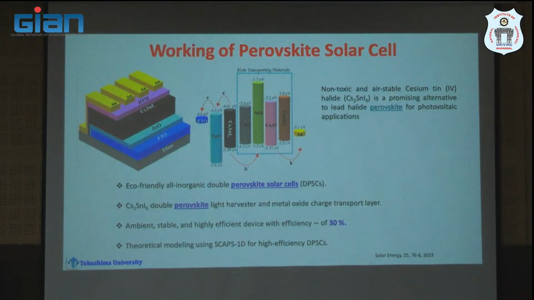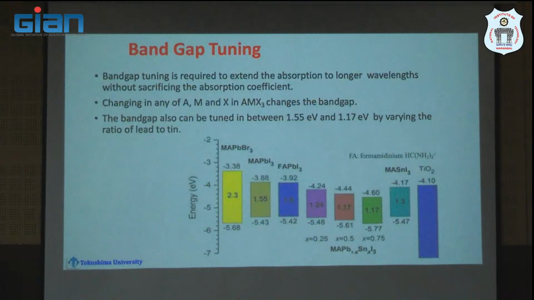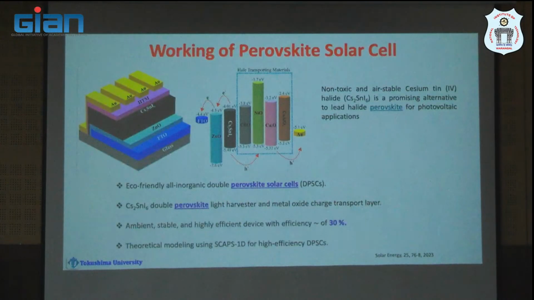In the last slide I showed you that there are various combinations that we can use for solar cell. These are various combinations of perovskite material. But why do we want to use this perovskite material? Why is this material good? They are eco-friendly, all inorganic material.